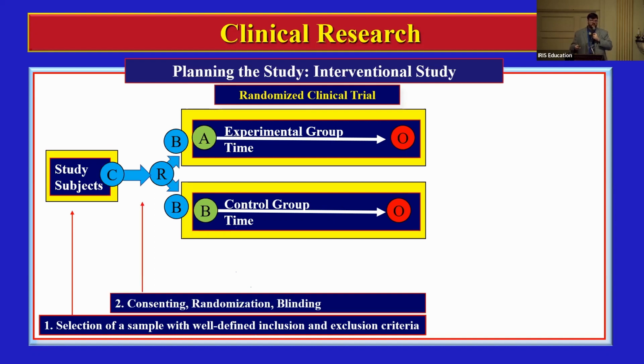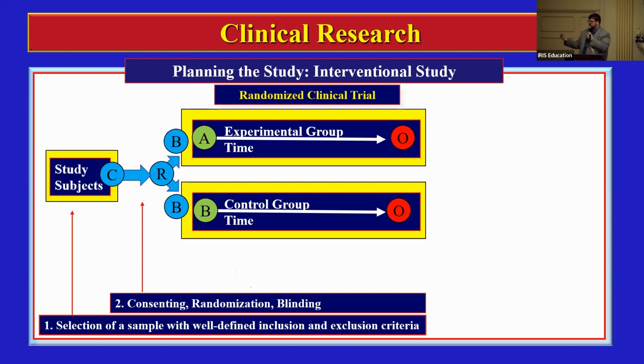And then after consenting, we are going to randomize patients, again, for the purpose of minimizing confounding and bias. And then we will blind patients, and oftentimes the investigator themselves, or possibly even the statistician, so that way there will be less chance of bias on the part of performing the study.